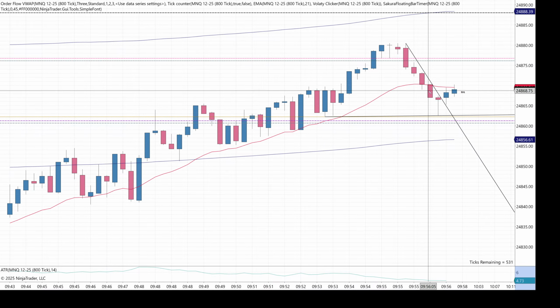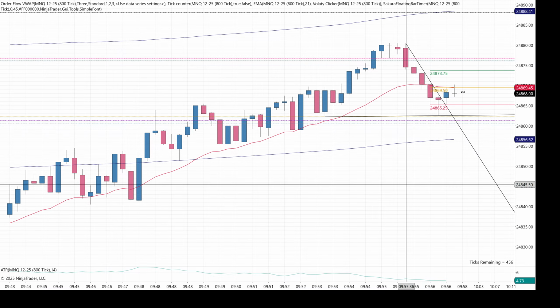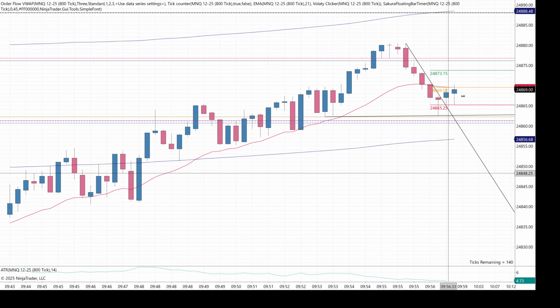We did trigger higher. I just can't take it though. And there's the stop loss maybe, or maybe it holds and we do get target. I don't know.